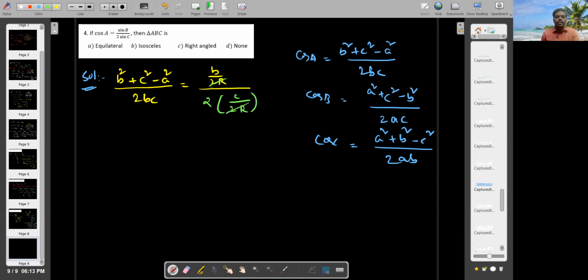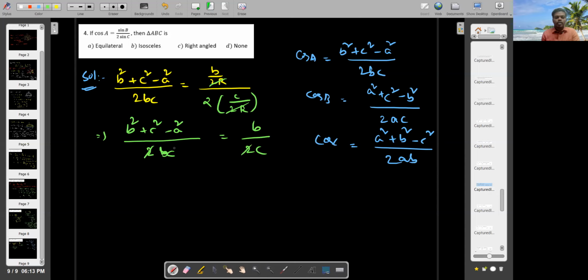Here 2R gets cancelled. Then it is (b square plus c square minus a square) by 2bc equal to b by 2c.